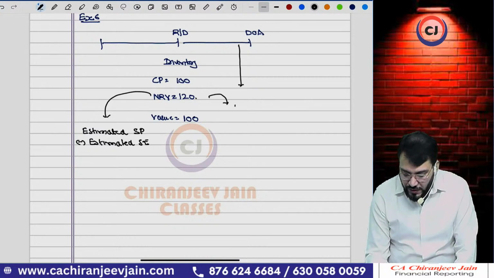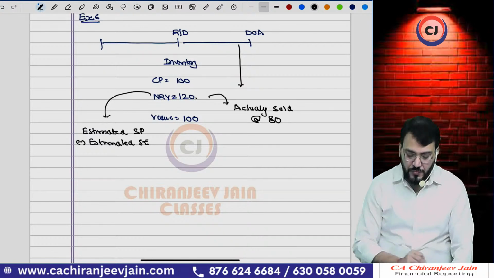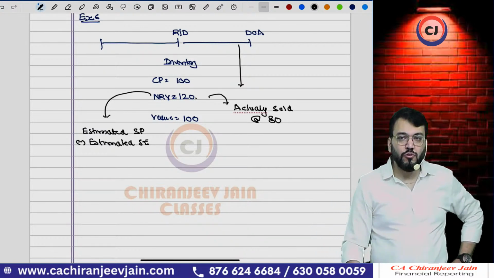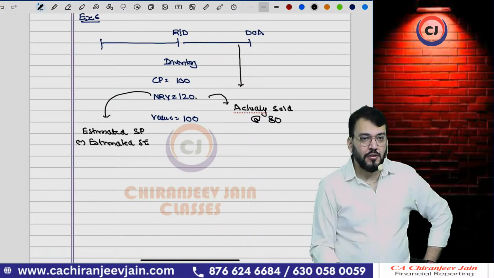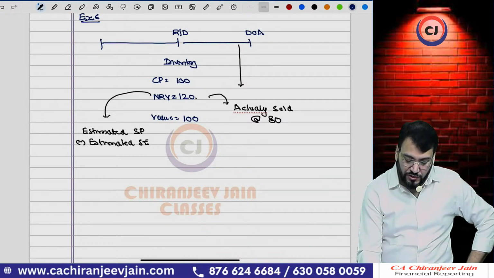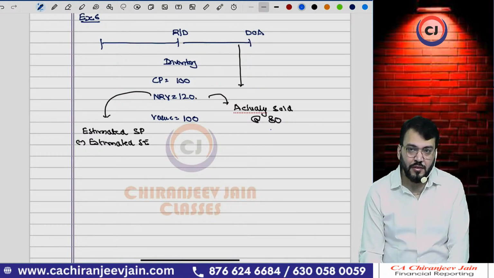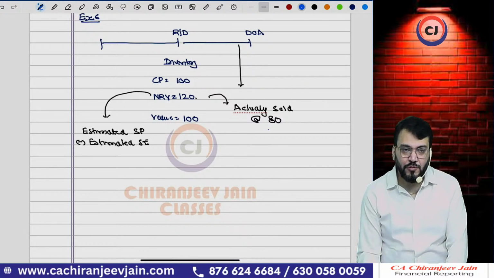Now what happened before approval of financial statement? It was actually sold at rupees 80. Adjusting, non-adjusting? Adjusting event. It was actually sold at rupees 80.